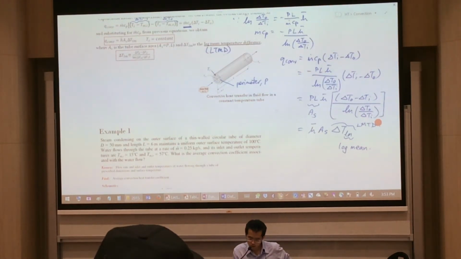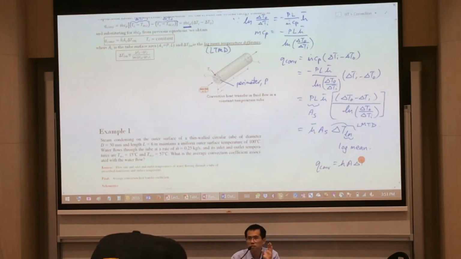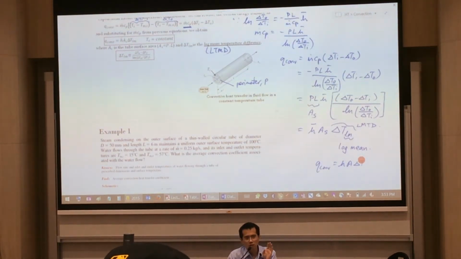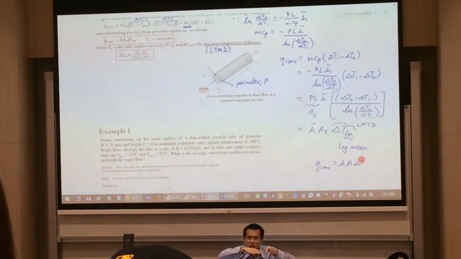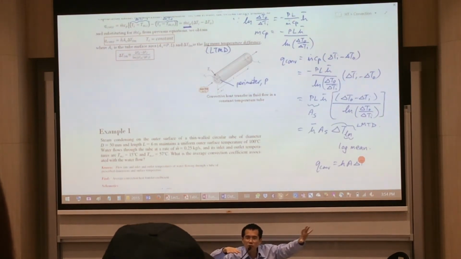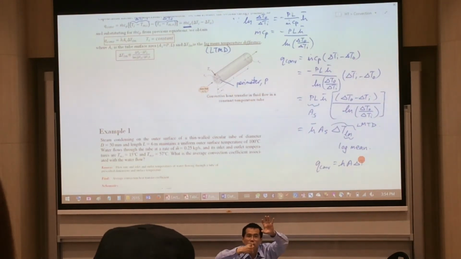Your Q convection, Newton's law says that it's Q equals hA times the temperature difference, delta T. That looks very similar to this one. So what is the difference here? The difference in Newton's law is that it didn't consider that your h value would change as the fluid flows through that surface. The h value remains the same.